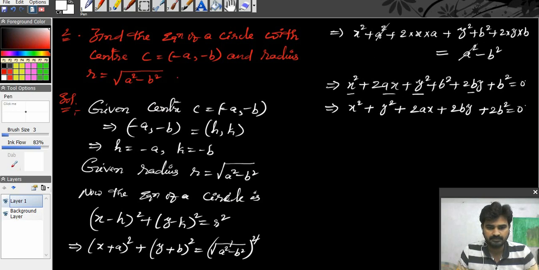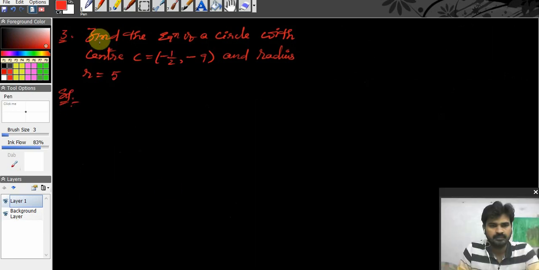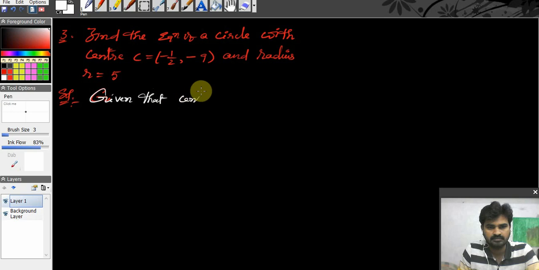Okay, here the center will be given and the radius will be given. So first you have to write the center here. Given that center C is equal to minus 1 by 2, minus 9.